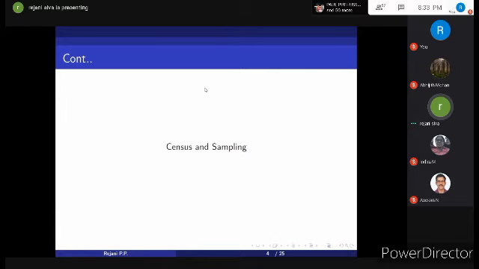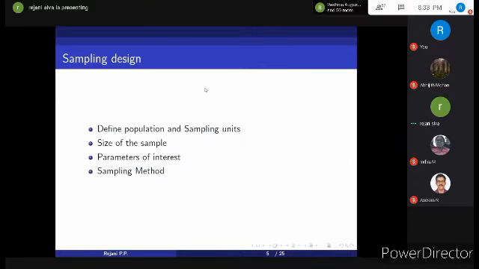Let us see some important things about sampling design. What are the things to be kept in mind while designing a sampling? First of all, you have to define the exact population and sampling units.